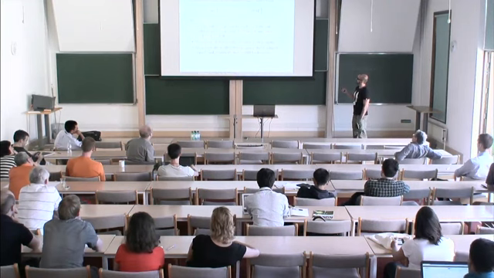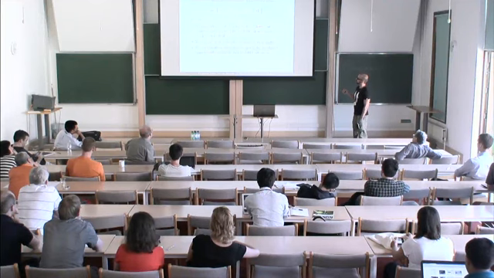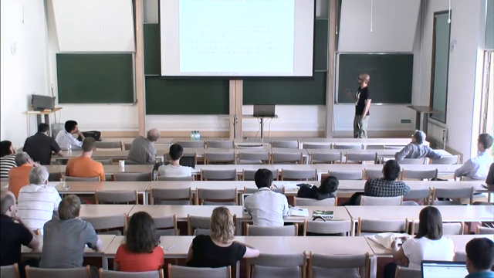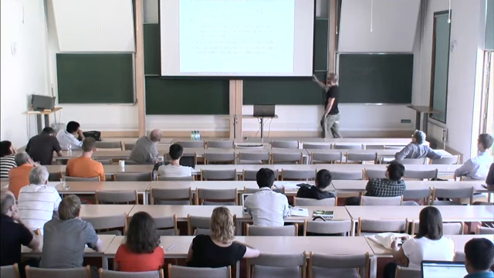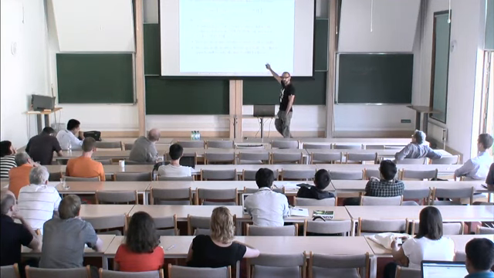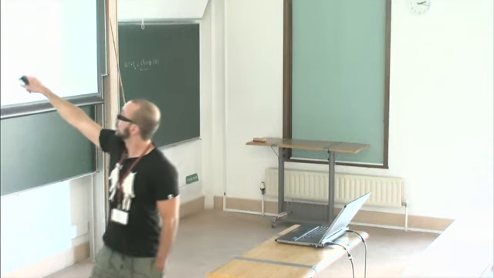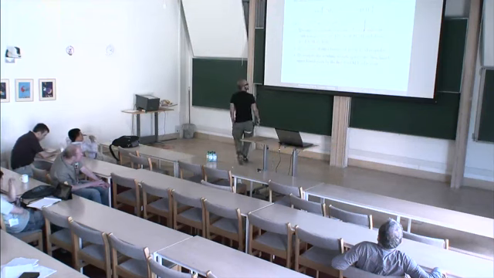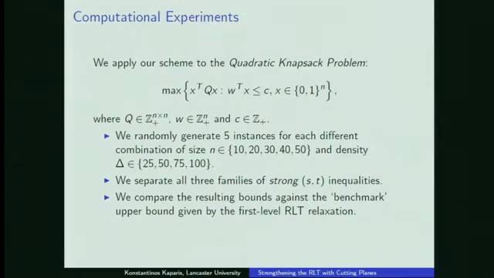For this set, we just take 5 instances, each of different combination of size and density of the quadratic matrix in our objective function. We separate all three families of strong inequalities for now, and we compare the resulting bounds against the benchmark bounds given by the first level RLT relaxation.